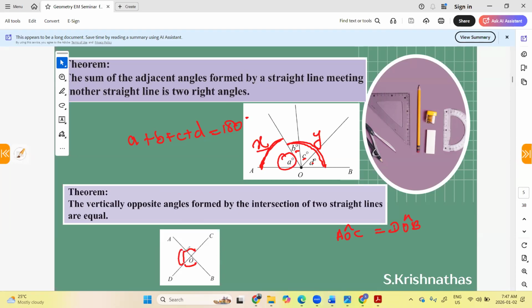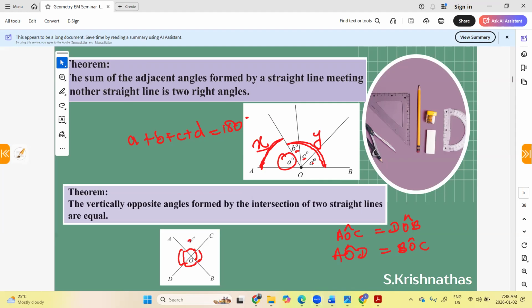Then this angle, AOD equal to BOC. Okay, right? How to prove this vertically opposite angles theorem? How to prove that?